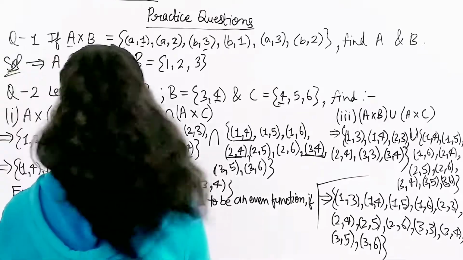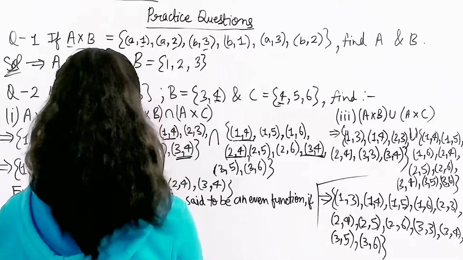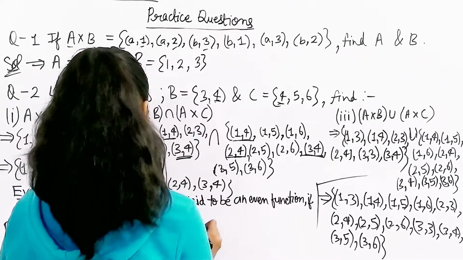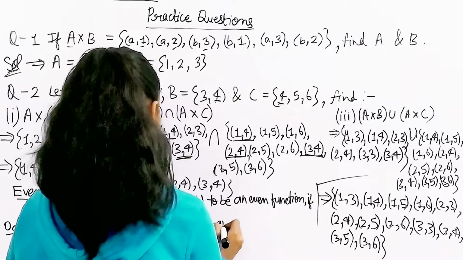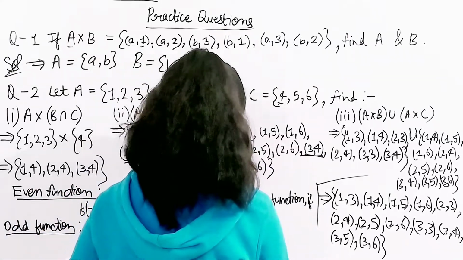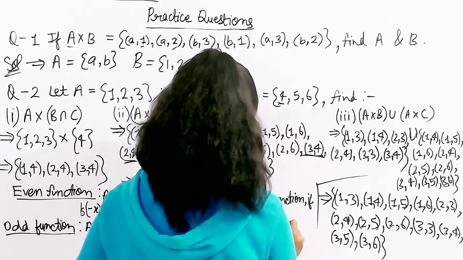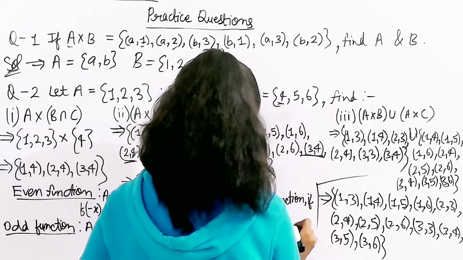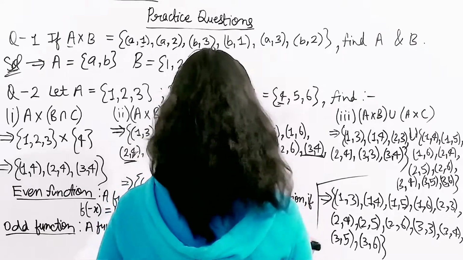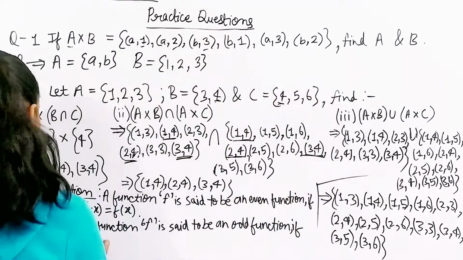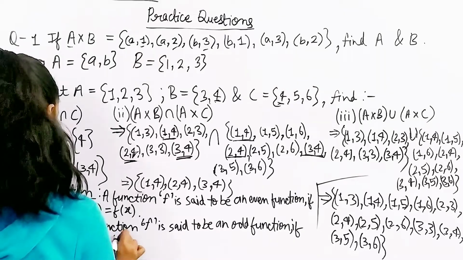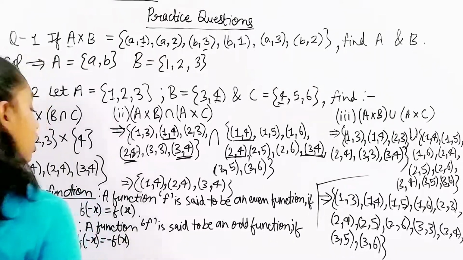So a function f is said to be an odd function if f of negative x is equal to negative f(x).